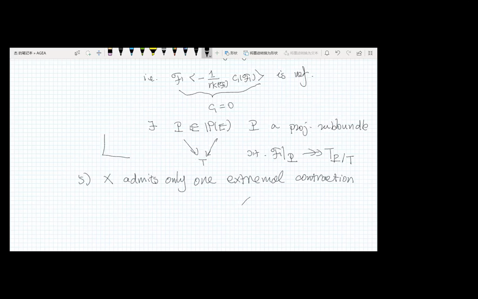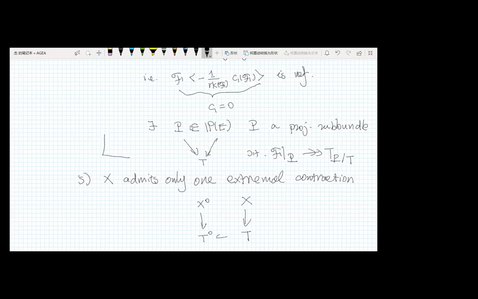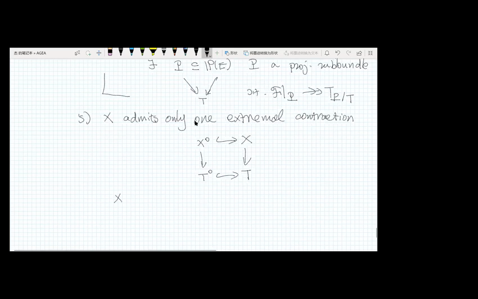You take this extremal contraction from X, maybe over T, and you take X0 here and T0 here. So this is a subset here. And you can show that this X over T is indeed equidimensional. And then it's a standard argument to show that X over T is in fact a projective bundle. So this is the idea for our proof.